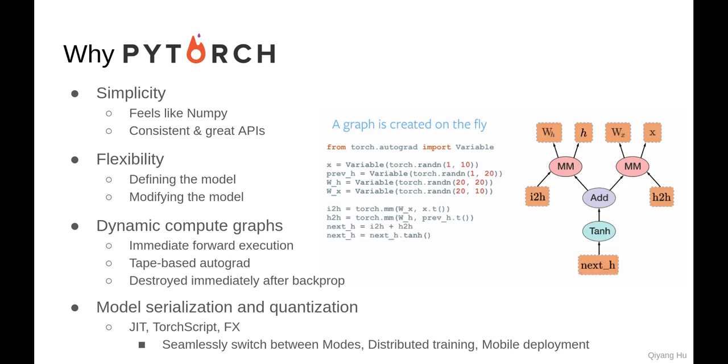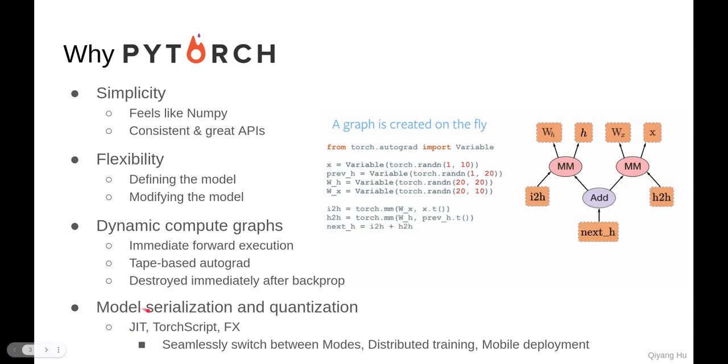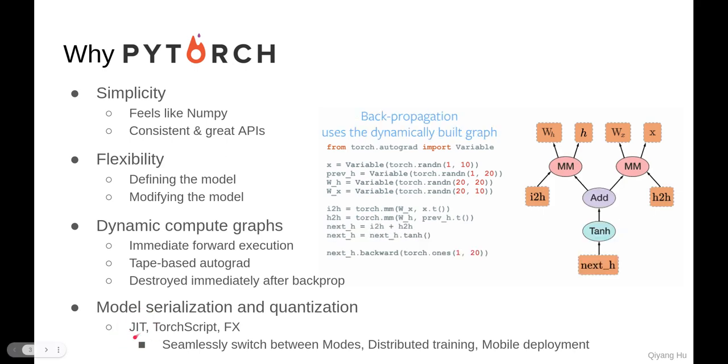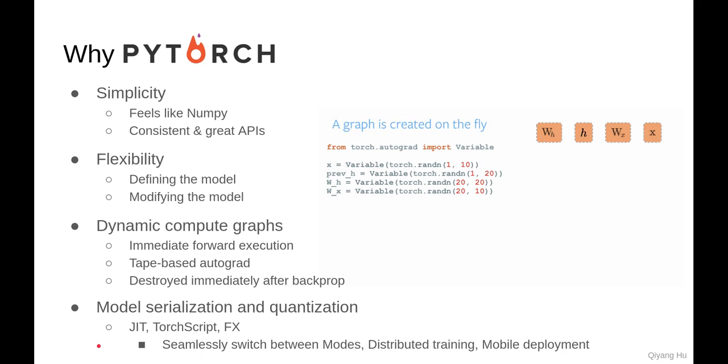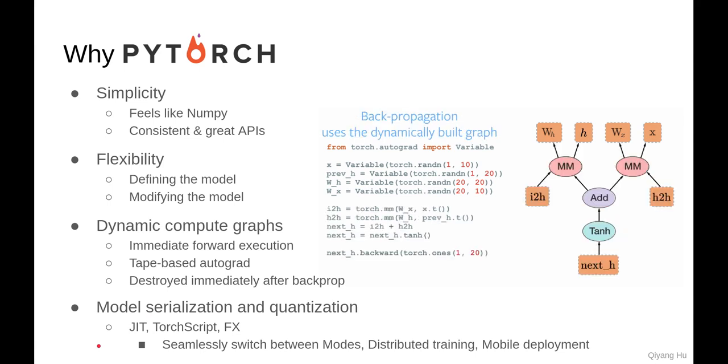That is model serialization and quantization. For example, with JIT, the just-in-time compiler, you gain the ability to serialize your model and later run it outside of Python through libtorch. Libtorch is a C++ native module.